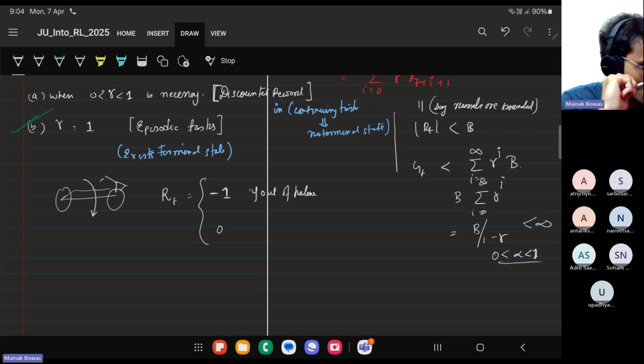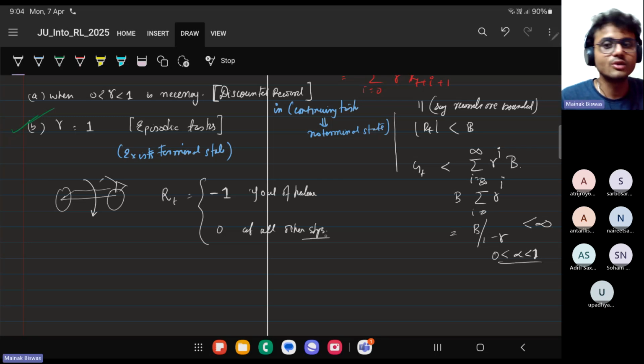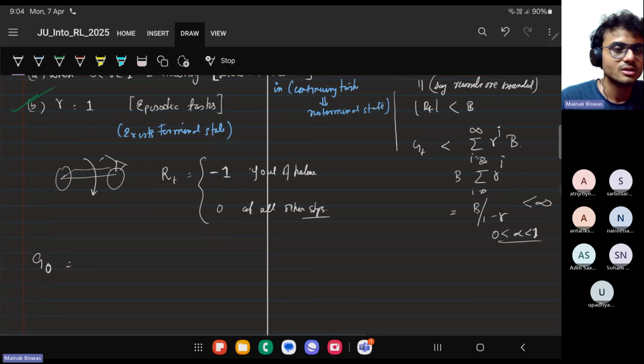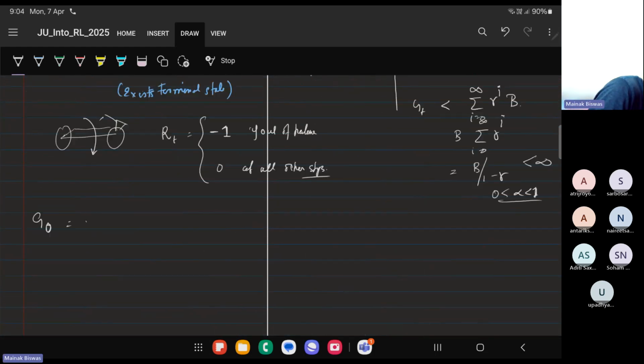So now if I ask you what is the return at G_0, whenever you start cycling, what is it going to be? That is r_1 plus gamma r_2 dot dot dot, gamma to the power T r_T.